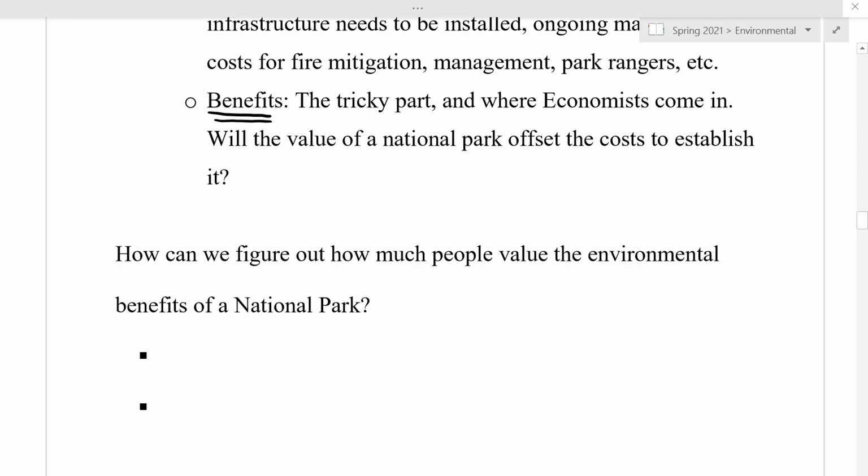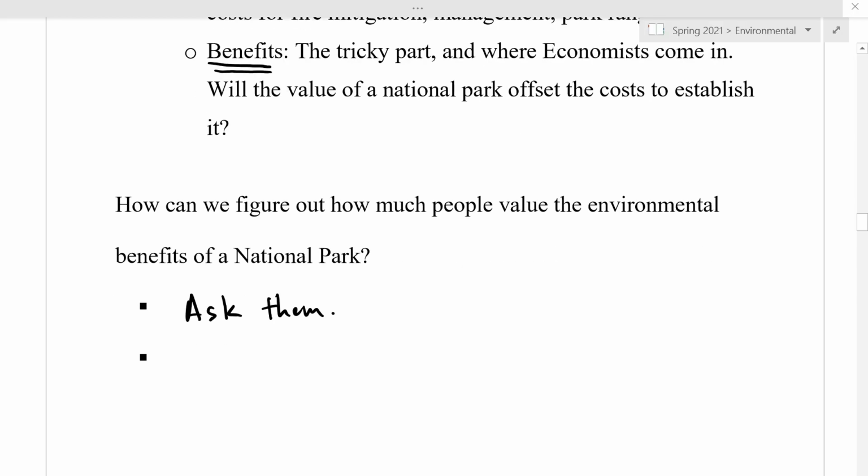One, you could just ask them. Ask people how much they care about national parks, and ask them even to assign monetary values to it. We'll talk about some of the pros and cons of that. But this whole idea is called stated preference.